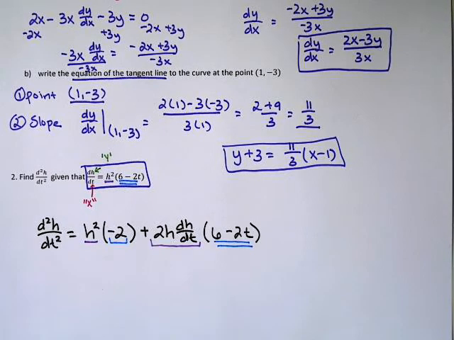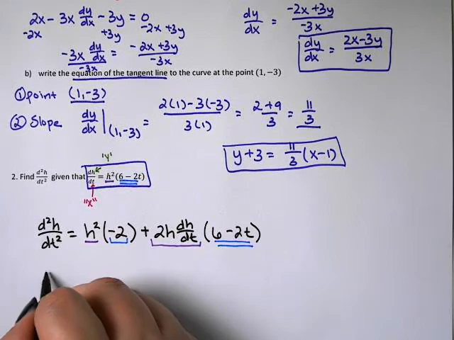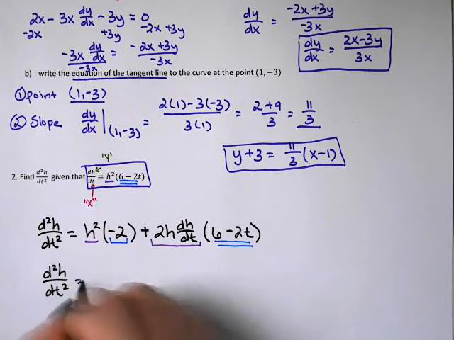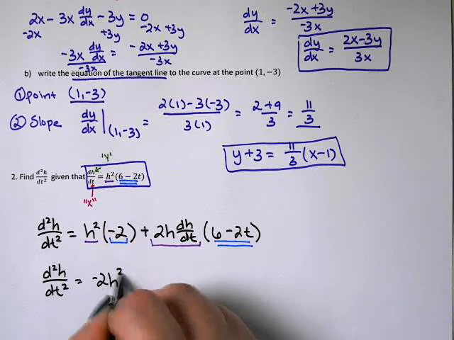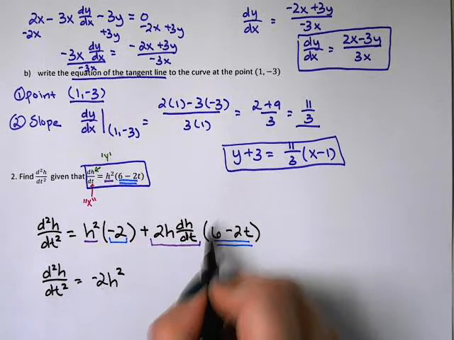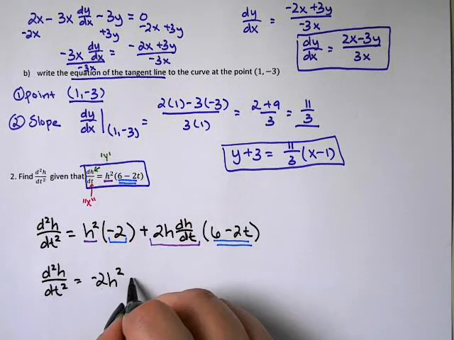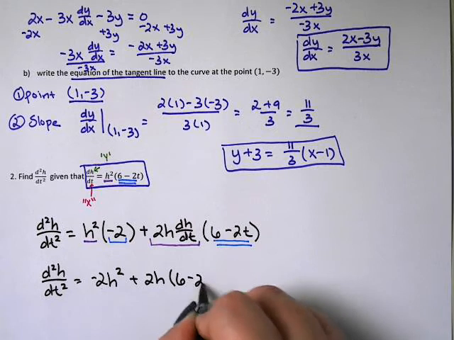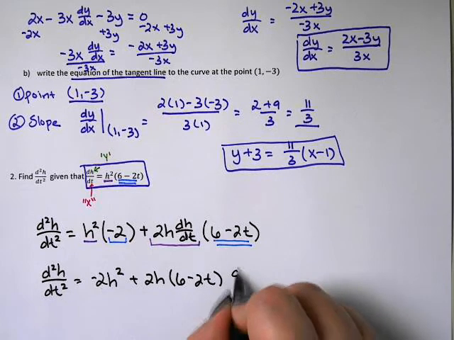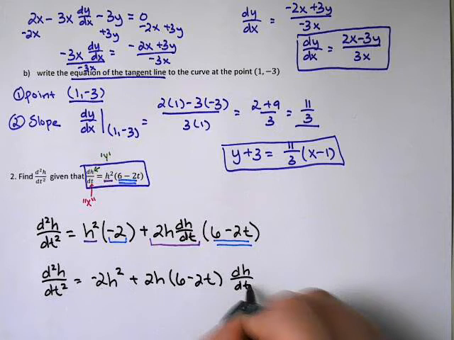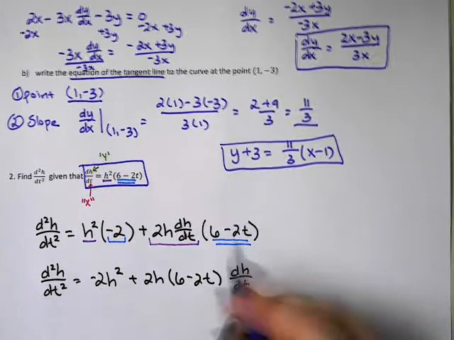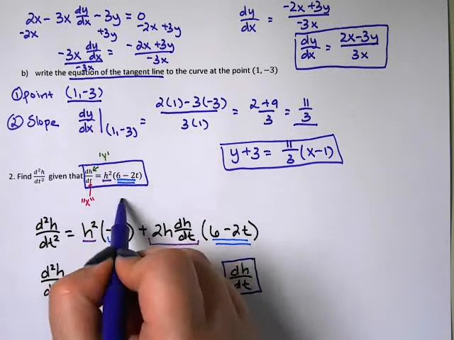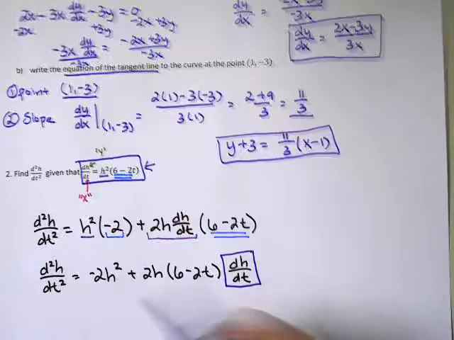Before I do that, I'm going to simplify just a little bit. So we get d squared h over dt squared equals negative 2h squared. And then I'm going to take this and move it in front of my dh/dt, so it becomes 2h times 6 minus 2t, and then it's times dh/dt. Now this is where I'm going to take out dh/dt, and I'm going to substitute in my first derivative that I was given.